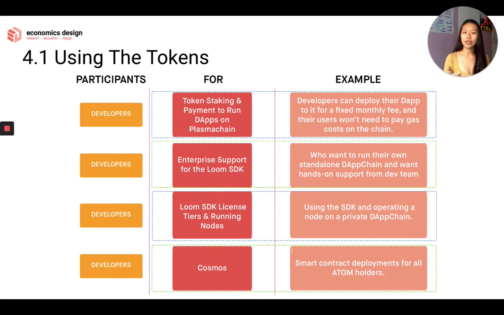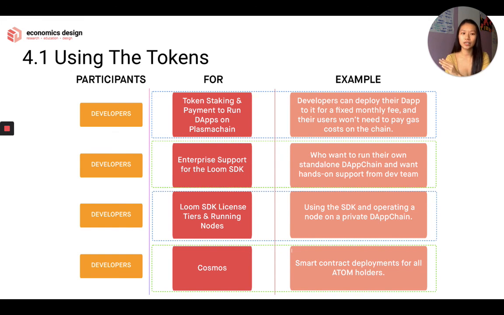And they also work with Cosmos. Cosmos is like an interoperability chain, and there's a lot of development in the area, and developers of Cosmos can use it for smart contracts deployment. So there are many ways to use tokens for developers depending on what kind of developer you are and what level of service you're looking for.